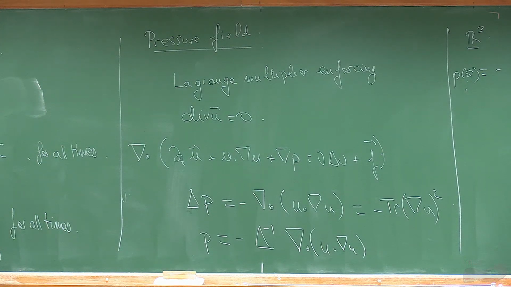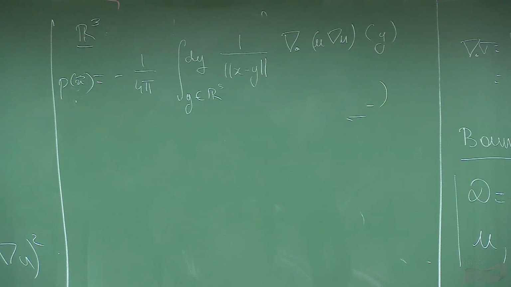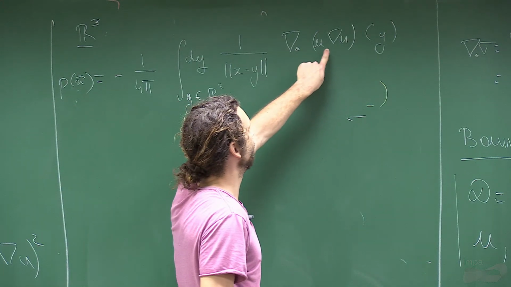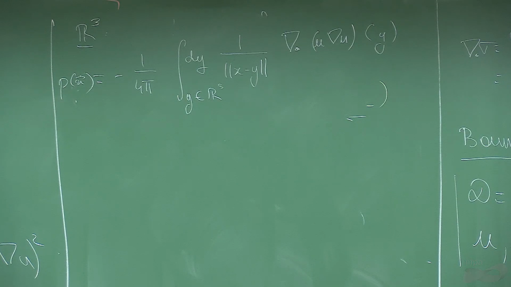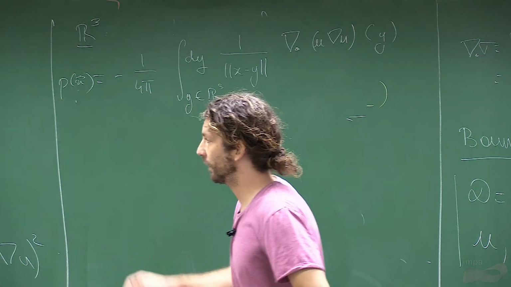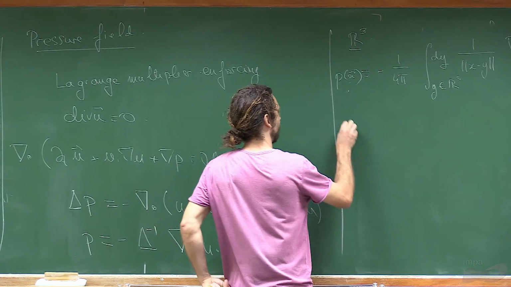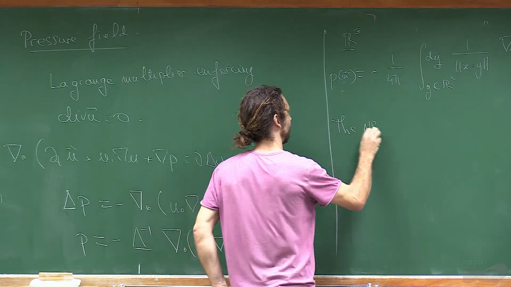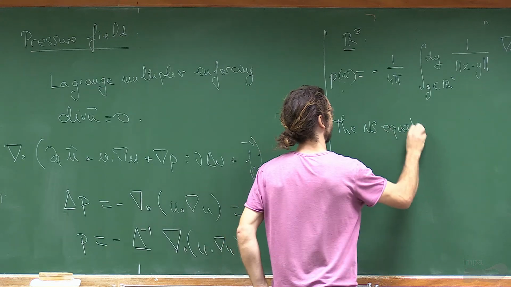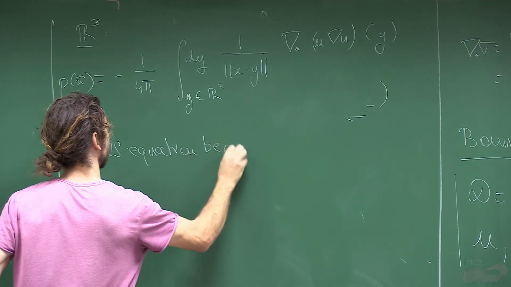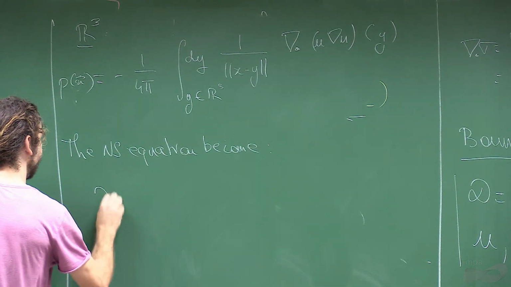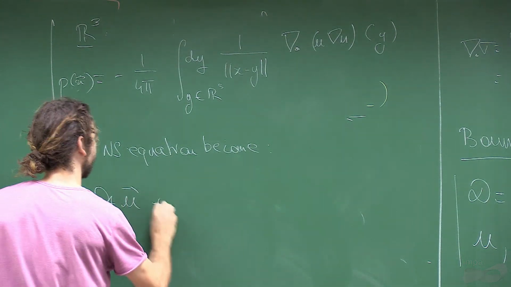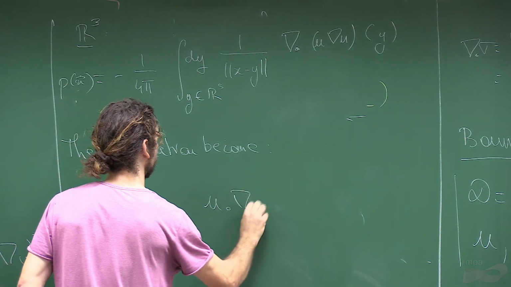And so the good news is that basically you have this u grad u which appears here. So in fact, we can totally eliminate the pressure from the game, and we can write the Navier-Stokes equation. So this one, the NS equation, becomes d_t u plus this term here.